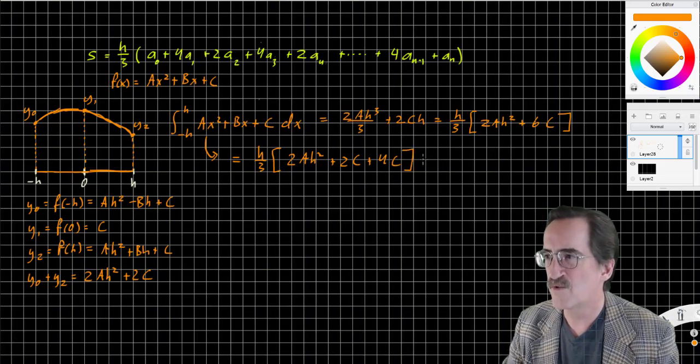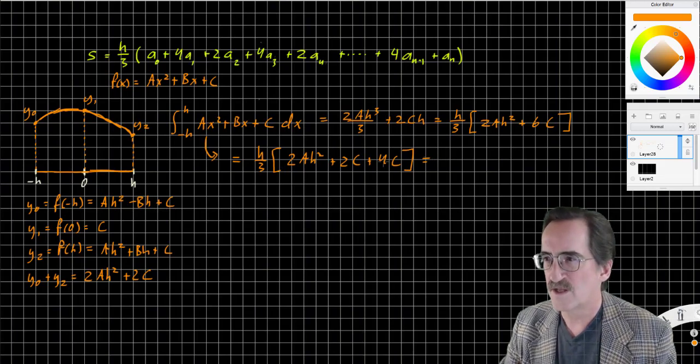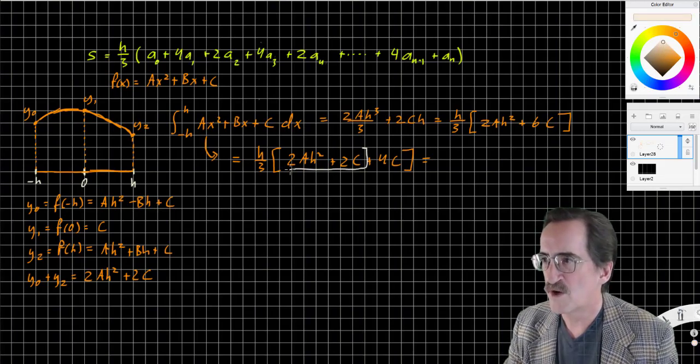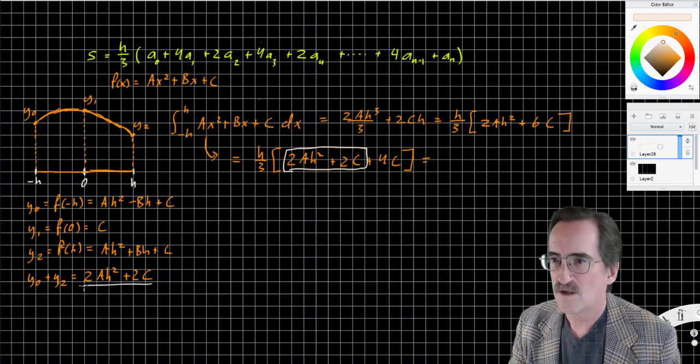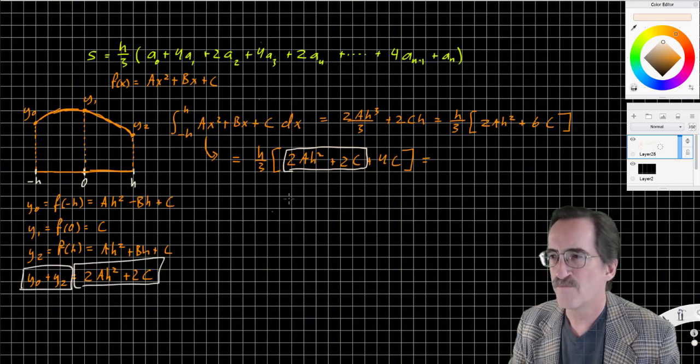Okay, now with the little direct substitution here, I can get this part right here, this 2ah squared plus 2c. That's y0 plus y2, right?